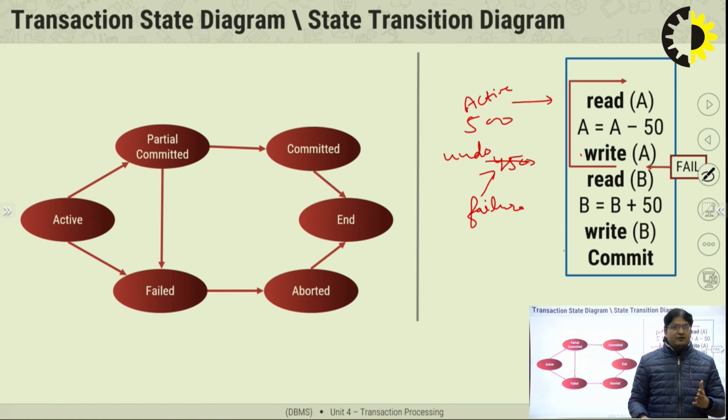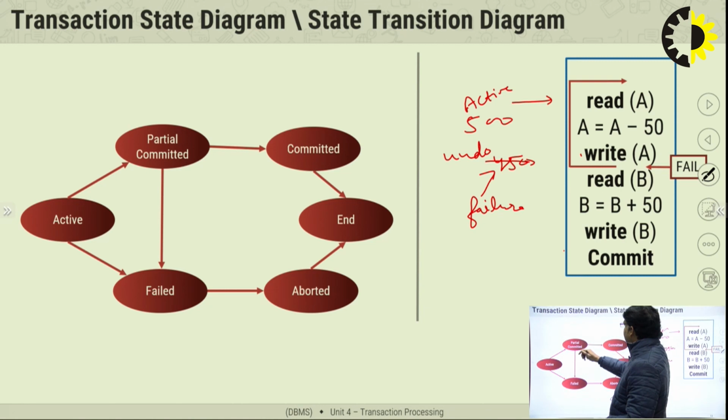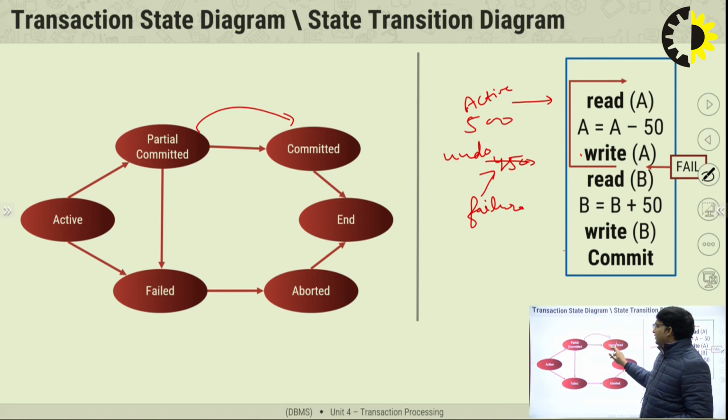There may be a variety of reasons: a disk failure, a power failure, so that we are not able to proceed from here to here. As a result, we may land in a failed state. So, a failed state we can come from the active state, and also from the partially committed state.